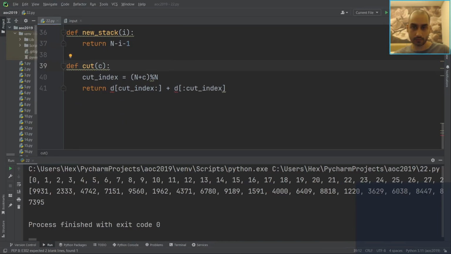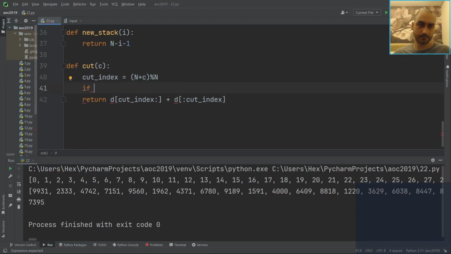Alright, so cut index equals that. If I was greater or equal to cut index, then it's going to come to the front, essentially.